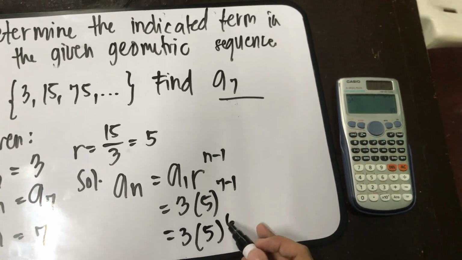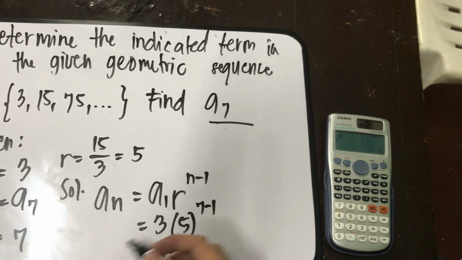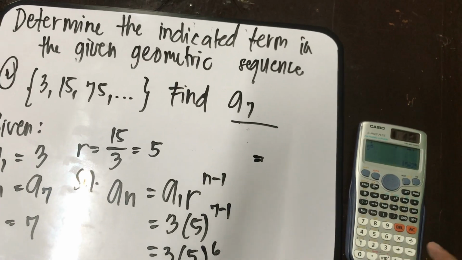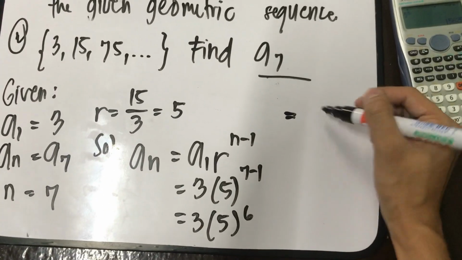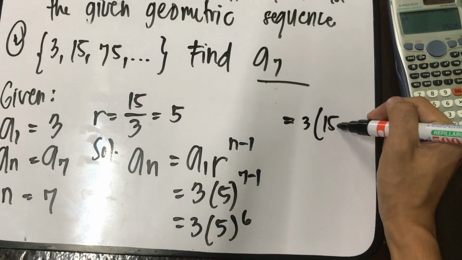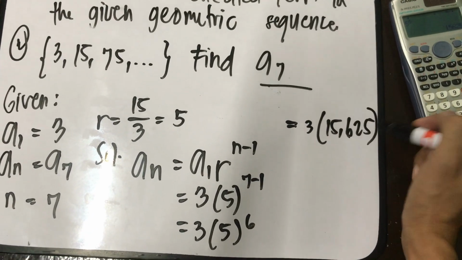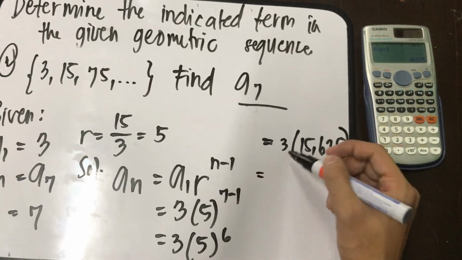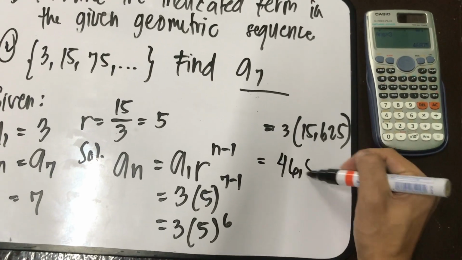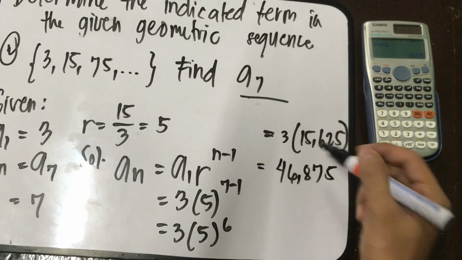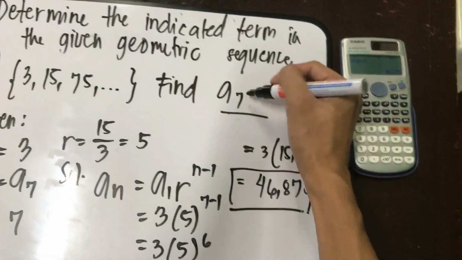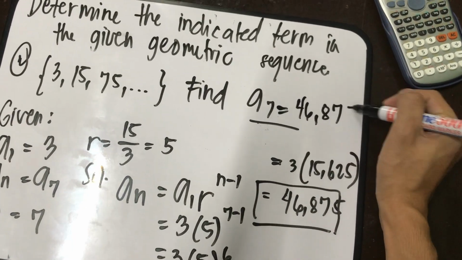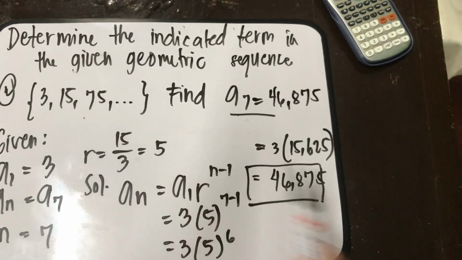Unahin muna natin ikunin yung 5 raised to 6 bago natin i-multiply by 3. 5 raised to 6, that is 15,625. And 15,625 times 3 is 46,875. Ibig sabihin, ang ating a sub 7 is 46,875. Siya yung 7th term sa ating sequence.